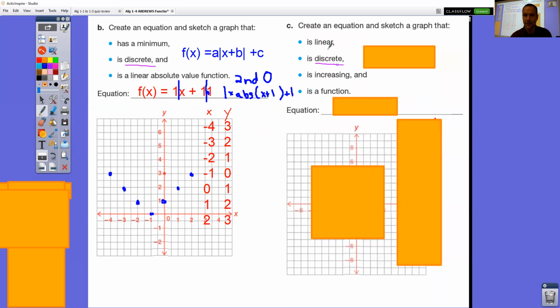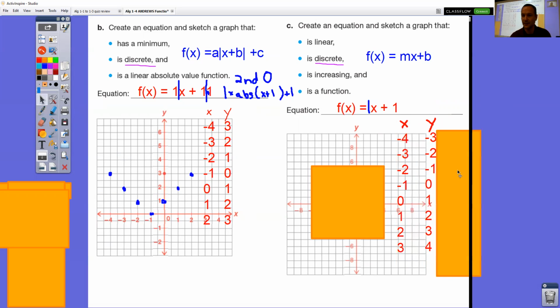For the next one, we want something that is linear, discrete, increasing, and a function. So that is part of the linear function family, which is f of x equals mx plus b. It's increasing, so we want a positive number in front of our x. In this case, I didn't put a number, so that's really a 1 there. So f of x equals 1x plus 1.